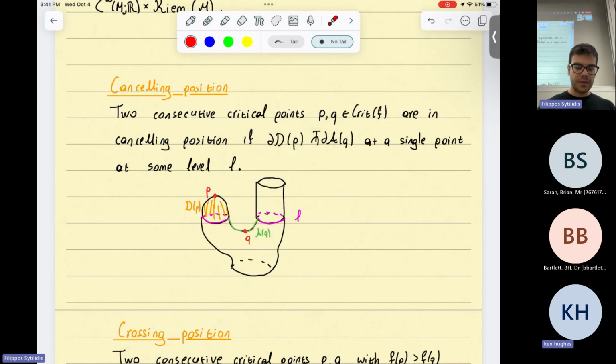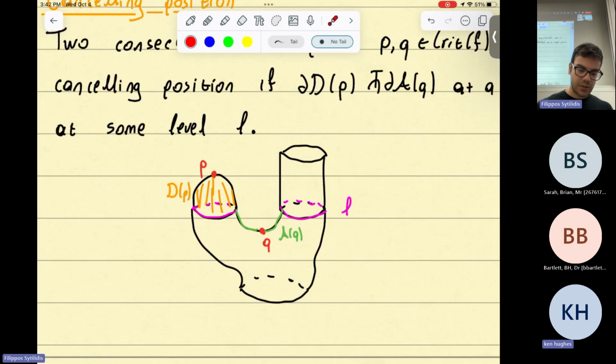What I would like to have is some level set L where the descending disk of P and the ascending disk of Q intersect transversally at a single point at level L. That's the condition.